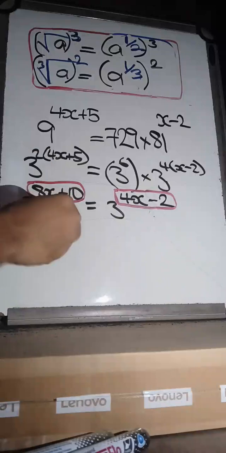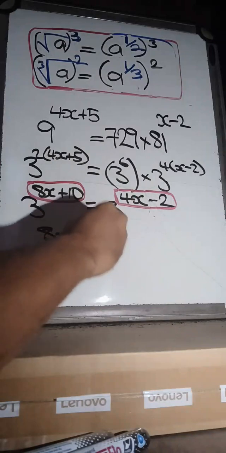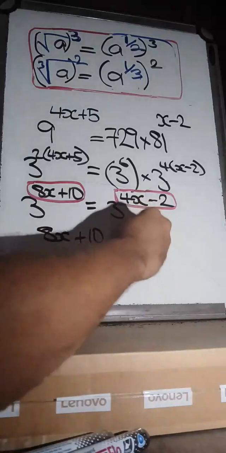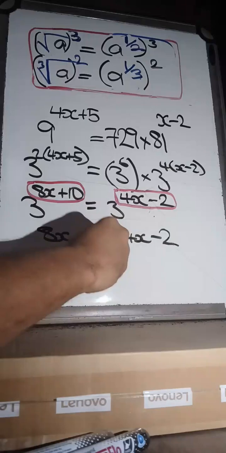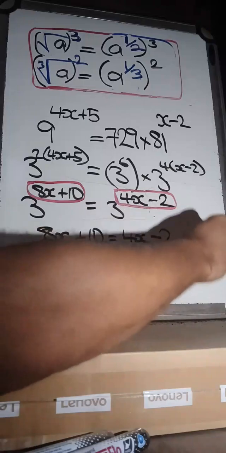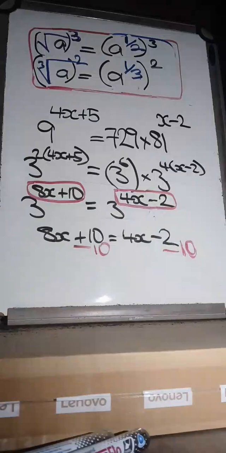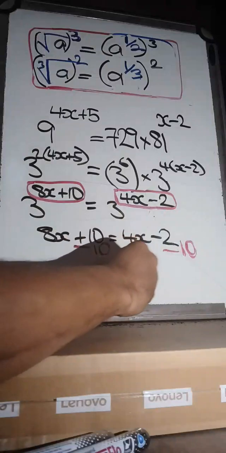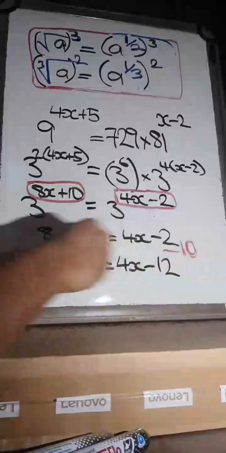Alright, so now we forget about the bases. 8x plus 10 equals 4x minus 2. We minus 10 from both sides. So that's what now? 4x minus 12 on this side.